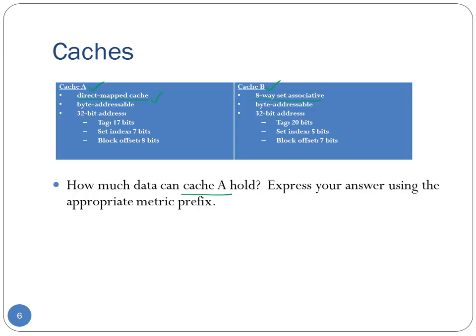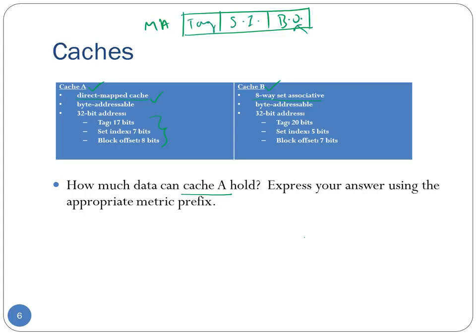We are given the address division of this cache: the number of bits in the tag, the set index and the block offset field, and from here we have to figure out the size of the cache. So recall, first of all, this address is the memory address, the entire memory address. A direct map cache has three fields, right? The block offset, set index and the tag field.